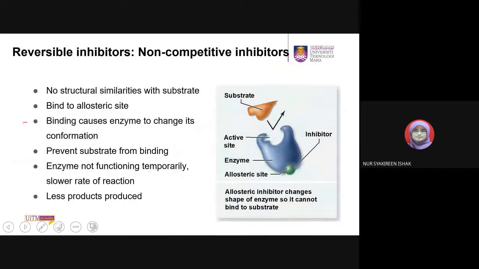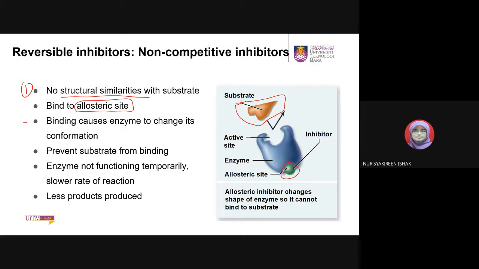Okay, so as for the non-competitive inhibitors, they have no structural similarities with the substrate. So as you can see, the substrate, the shape is like this. The shape of the inhibitor is totally different. So the non-competitive inhibitors will bind to the allosteric site.